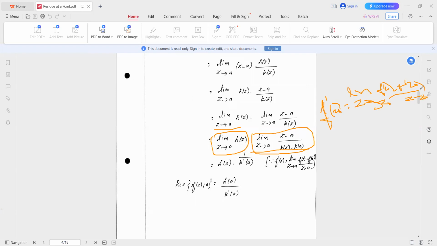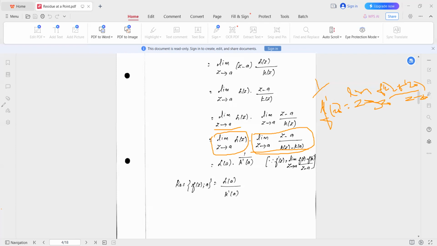Here the function is k of z instead of f of z, so k of z minus k of a is the numerator part and z minus a is the denominator part. This is equal to 1 by k dash of a, by the definition of differentiability. So it is equal to h of a into 1 by k dash of a, which is h of a by k dash of a.